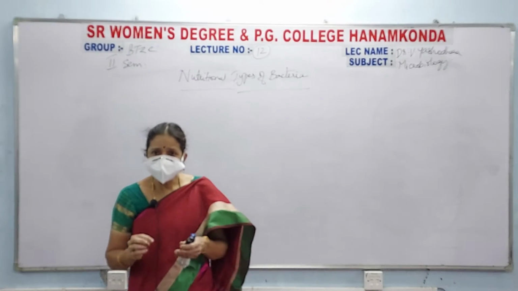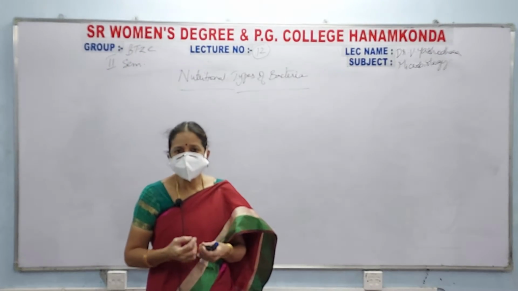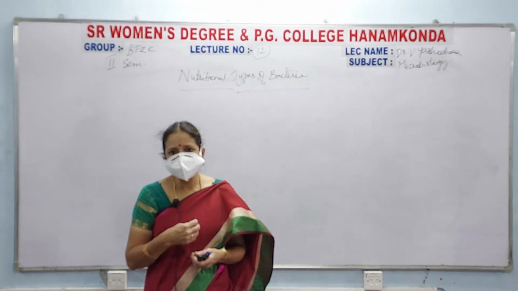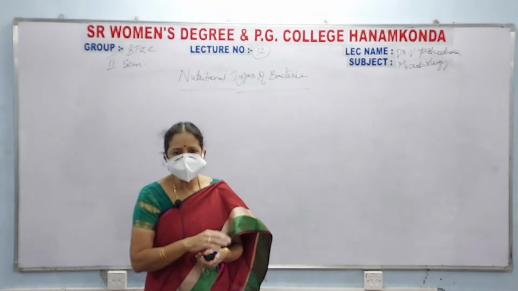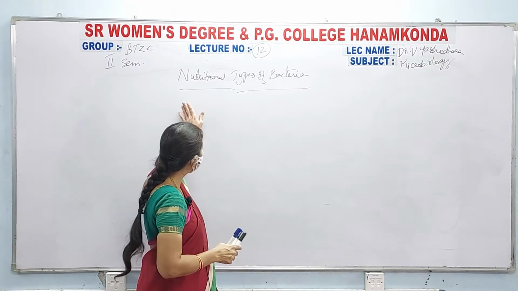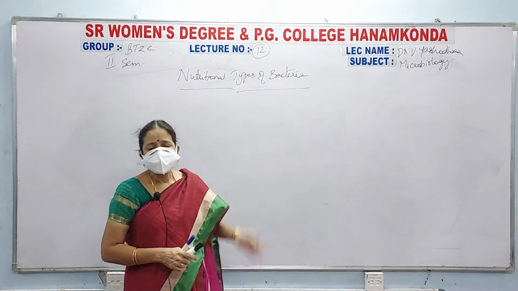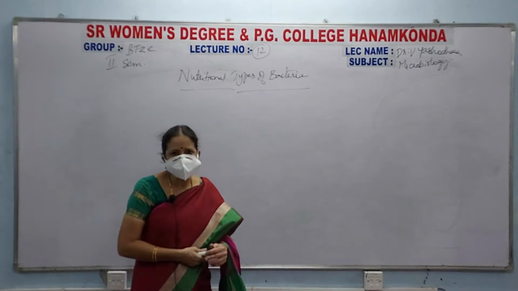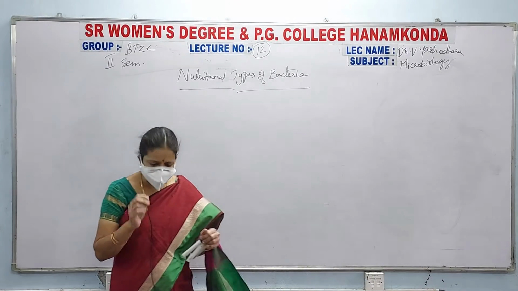Based on the nutrition which they are eating, and the mode of getting the nutrition, the microorganisms are of two types. That is known as the nutritional types of bacteria. For its living, bacteria is dependent on food material. That food material is known as nutrition.